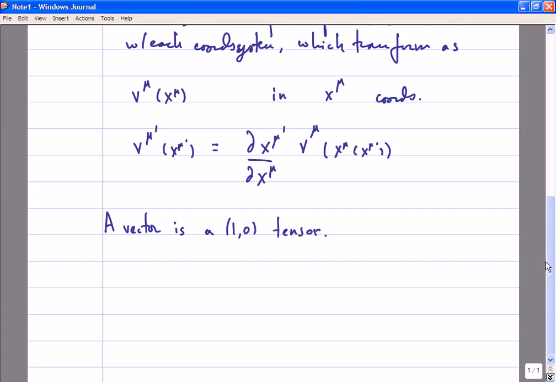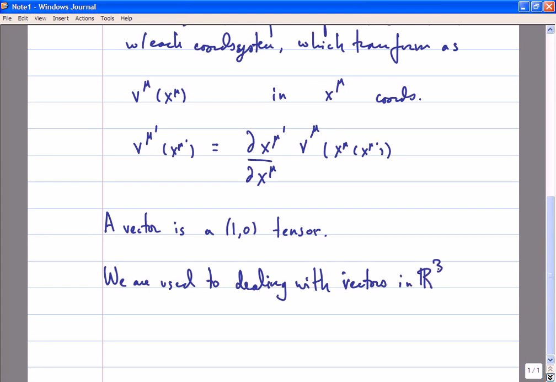So, now this, of course, as I said last time, is just a generalization of our notion of a vector from multivariable calculus. So, for example, we're used to dealing with vectors in flat Euclidean space. So we're very familiar with dealing with vectors, say, in three-dimensional Euclidean space.